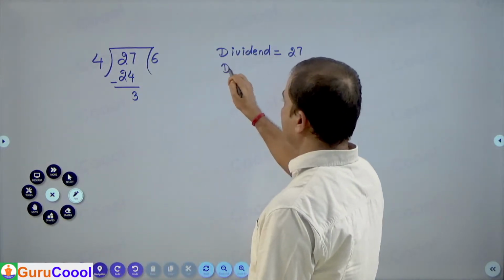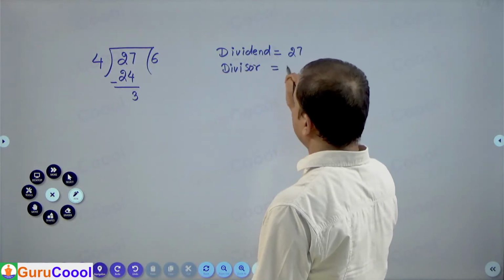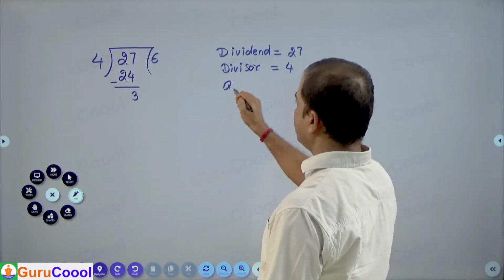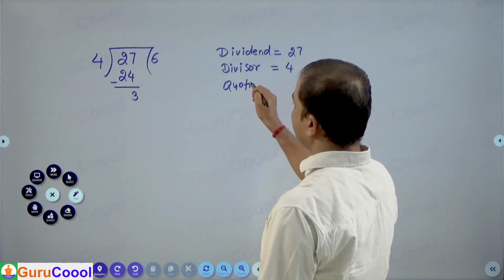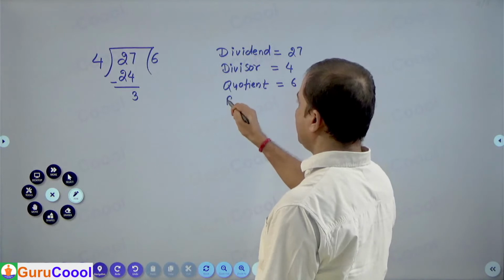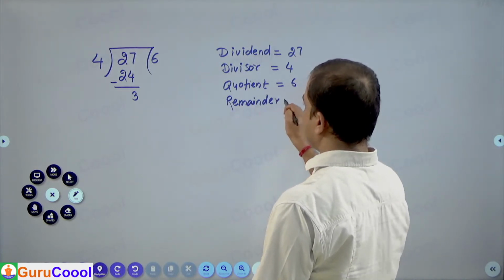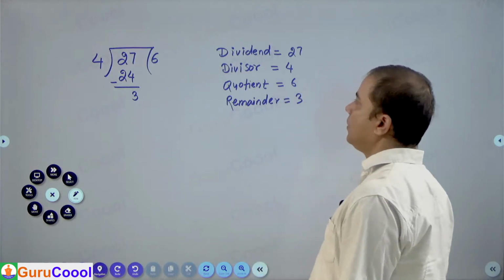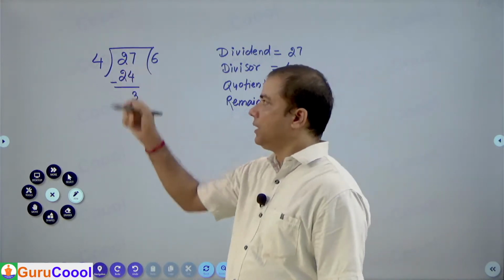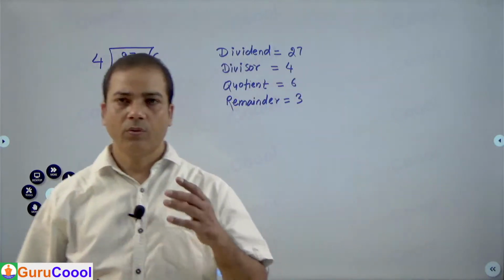What is divisor? 4, sir. What is quotient? Sir, 6. And what is remainder? 3. Yes. So if you have divided and you want to check if your division is correct or not, what do you do for that?